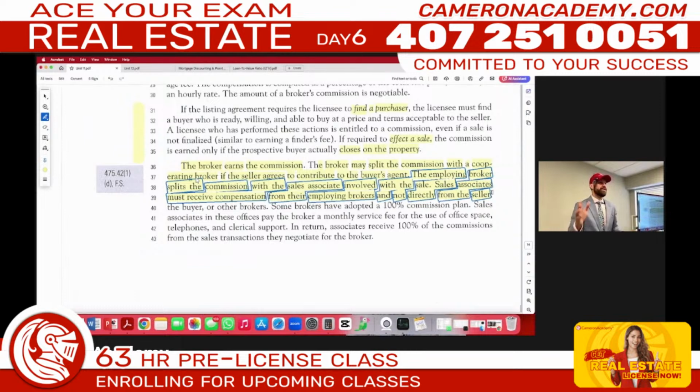Be careful of these brokerages that do this 100% commission plan or compensation plan. So here's the thing. It's a popular concept because they hook people with that. Oh, make 100% commission on your deals. But what they're doing is they're charging you a monthly fee, and then they're charging you a transaction fee. The monthly fee might be $200.